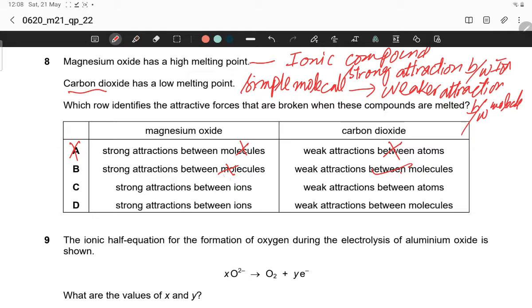So one statement is correct and one is incorrect, so the option is incorrect. Strong attractions between the ions, this is correct. Weak attraction between the atoms, so C is also incorrect. Strong attraction between the ions is correct. Weak attraction between the molecules, this is correct. So D option is correct.